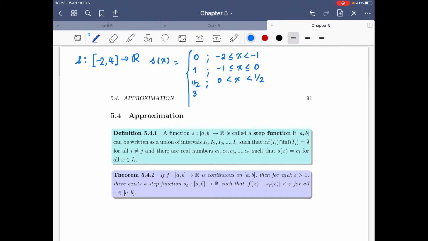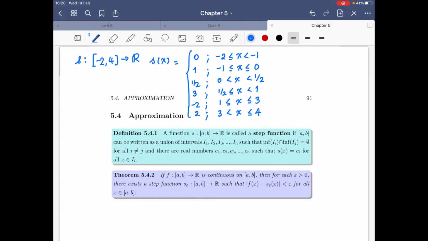It can be 3 if x starts from 1/2 and is less than 1. It can be -2 if x is greater than or equal to 1 and less than or equal to 3, and it can be 2 if x is greater than 3 and less than or equal to 4.